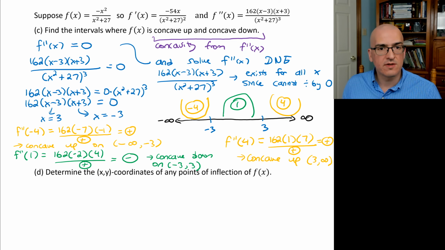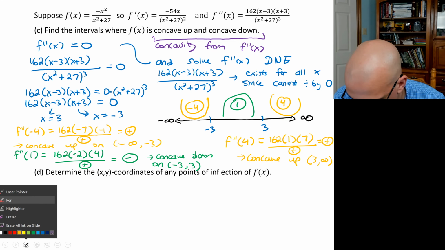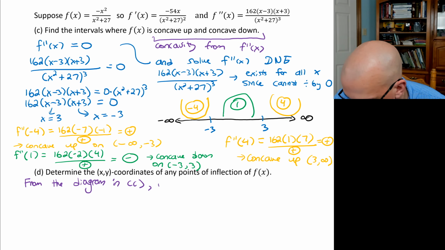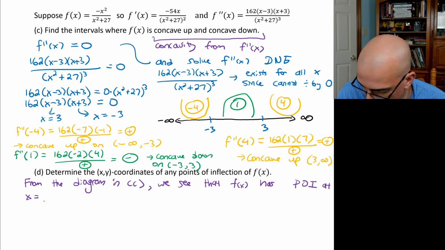Part C is finished. Part D, determine the xy coordinates of any points of inflection. From the diagram in part C, we see that f of x has POI at x equals 3. We need the y value.